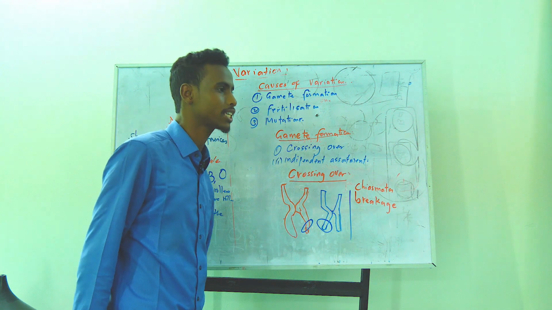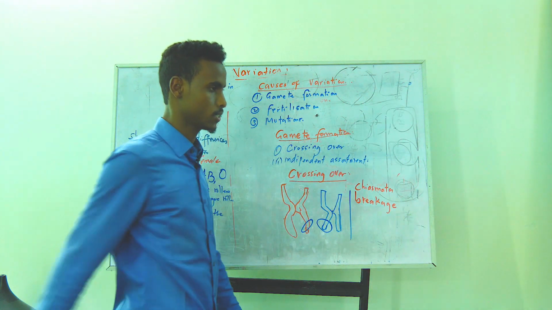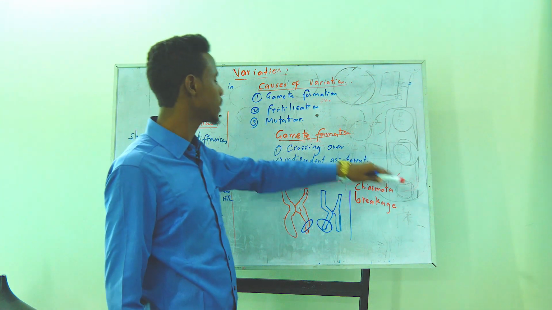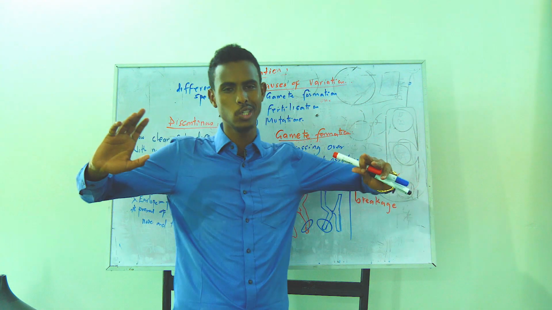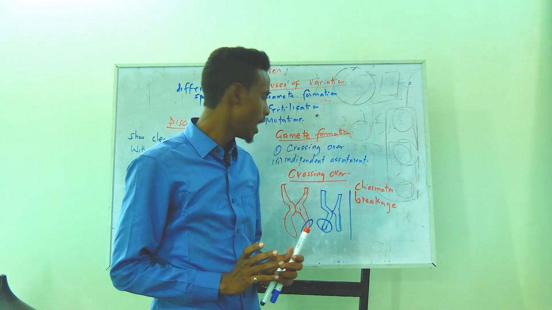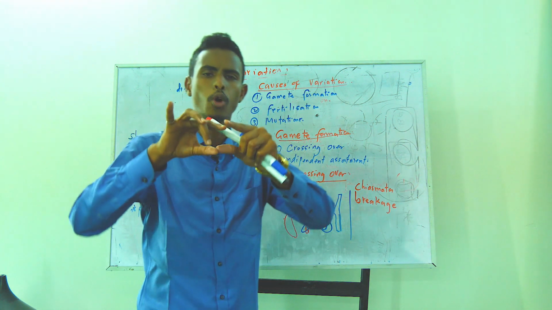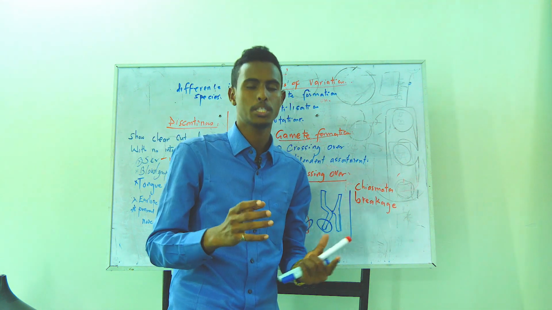Now, let's look at the second one, independent assortment. Independent assortment also takes place in metaphase of meiosis. In independent assortment, the homologous chromosomes align themselves at the equator of the spindle fibers.